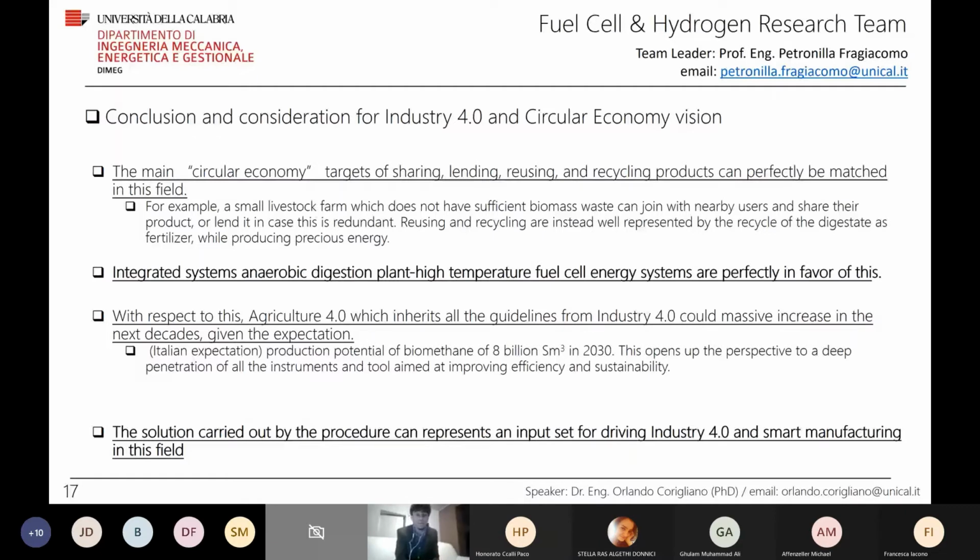Therefore, integrated systems, AD and SOFC, are perfectly in favor of this. With respect to this, Agriculture 4.0, which inherits all the guidelines from Industry 4.0, could massively increase in the next decades, given the expectation. Therefore, I think I have finished, and I thank you for your attention.